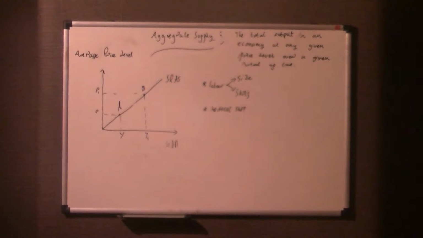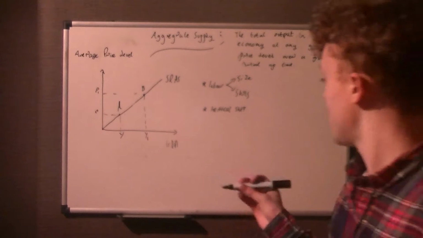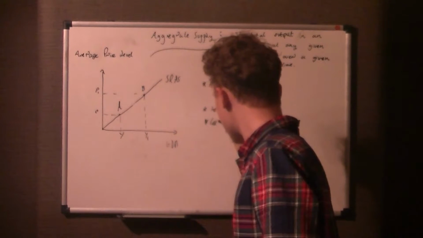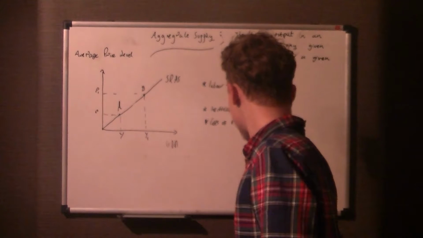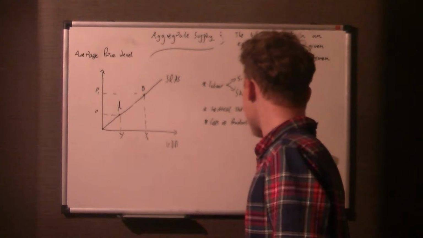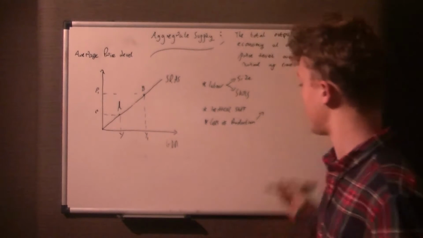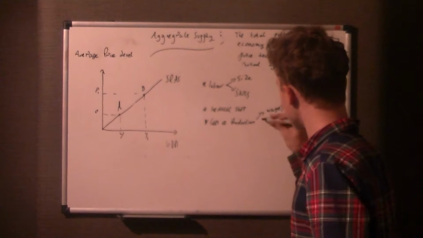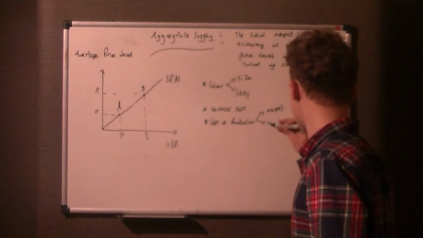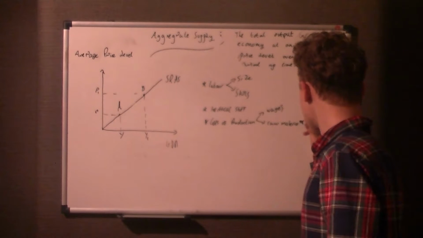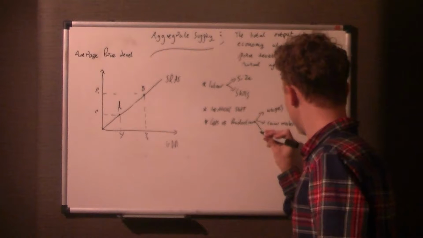And then you've got changes of, mainly the rest of these is costs of production. So you could have your wages, which we talked about before, your raw materials, and or rent.